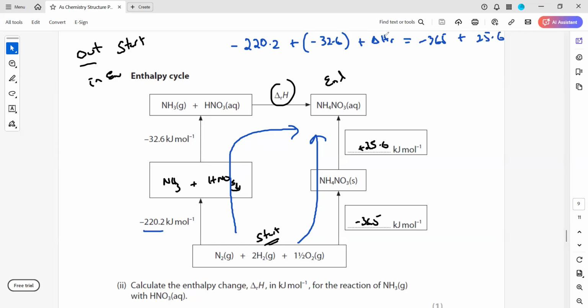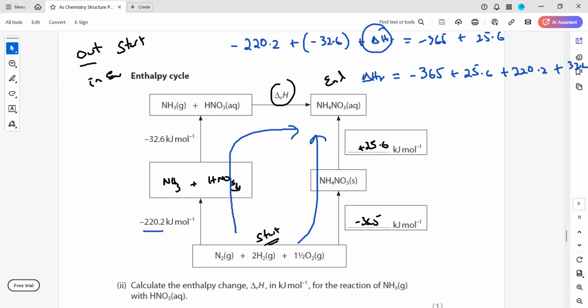Now we just have to simplify this for the enthalpy change of the reaction. So it will be minus 365 plus 25.6, and this is negative, so on the other side it will be positive, so plus 220.2, and plus minus is minus, so on the other side it will be added, so 32.6.